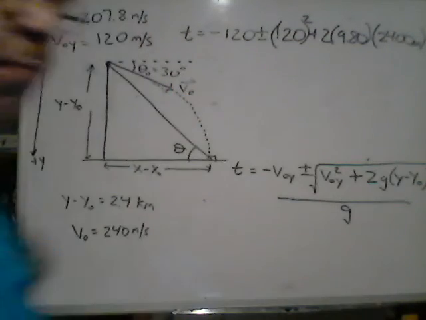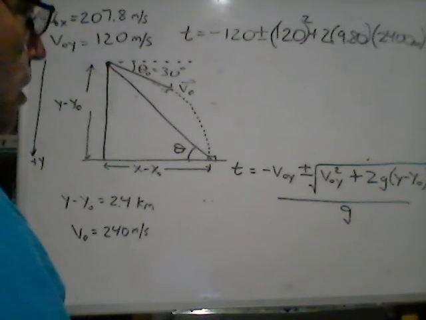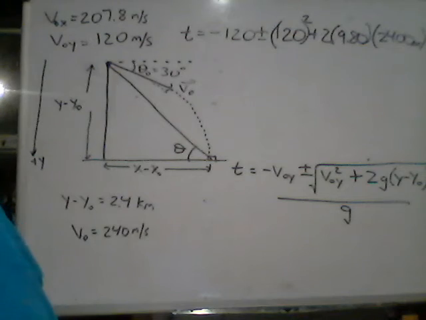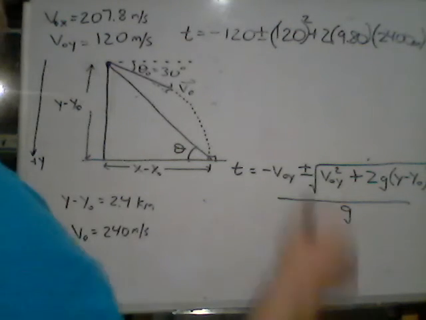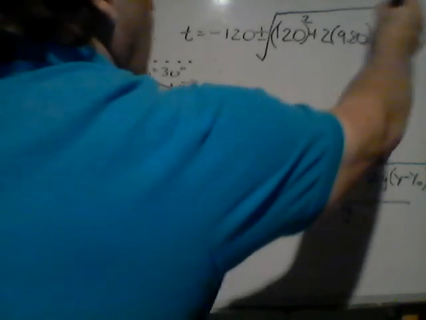We need to express it in terms of meters. So again, 2.4 kilometers, 2.4 times 1,000 is 2,400. All right. Radical all the way across, and I'm dividing by g.